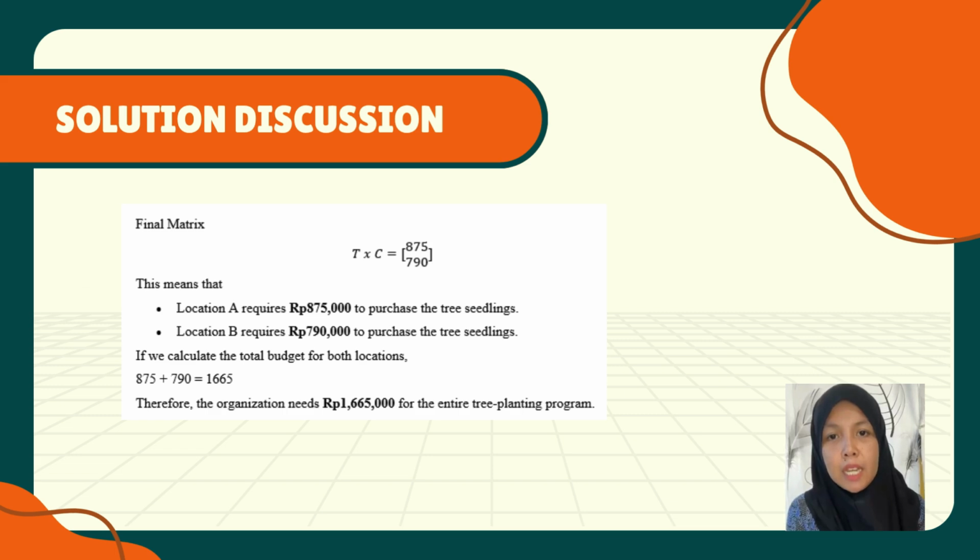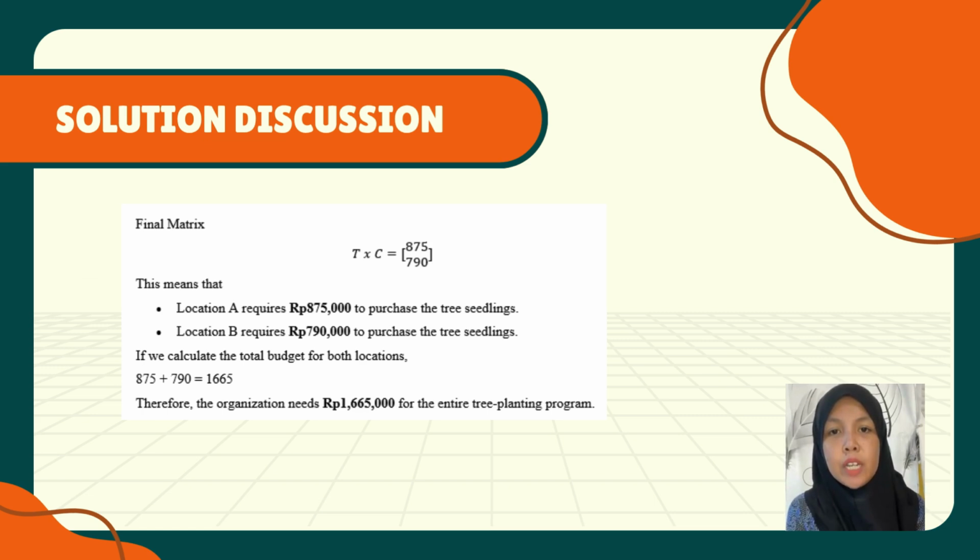This means that location A requires 875,000 rupiah to purchase the seedlings. Location B requires 790,000 rupiah to purchase the seedlings.